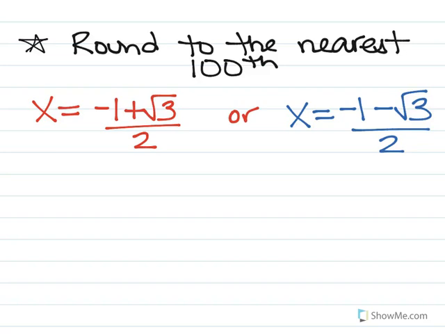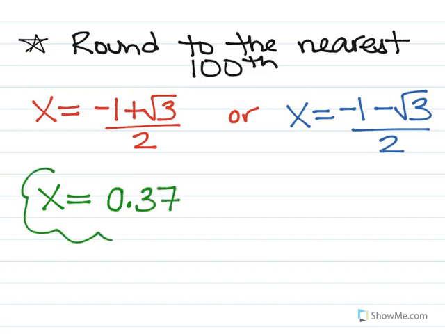Now, if you were to type this into your graphing calculator, make sure that you use the fraction bar by hitting Control Divide so that you can get the fraction and type this in appropriately. And when you do that, the one where you are adding negative 1 plus radical 3 divided by 2, you should get an answer of, to the nearest 100th, 0.37.